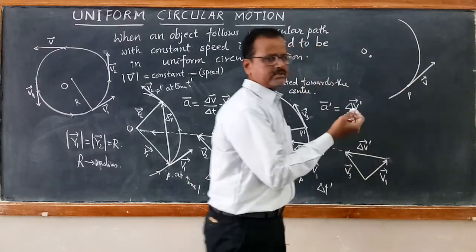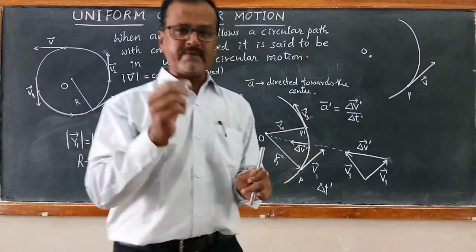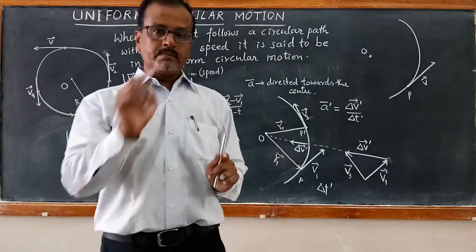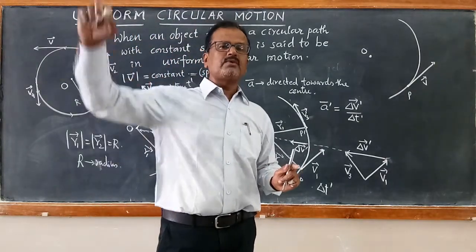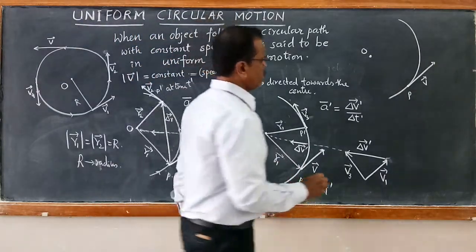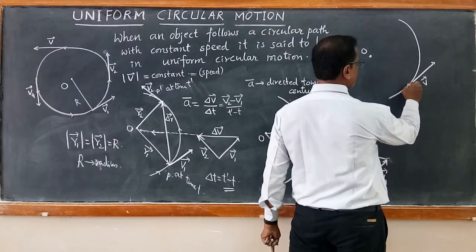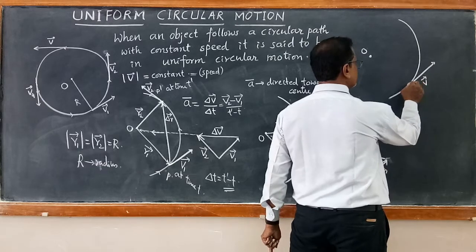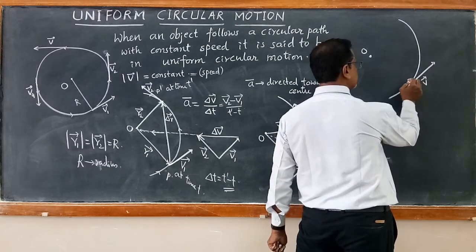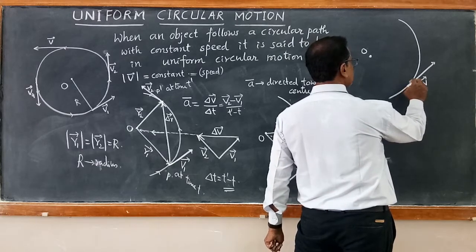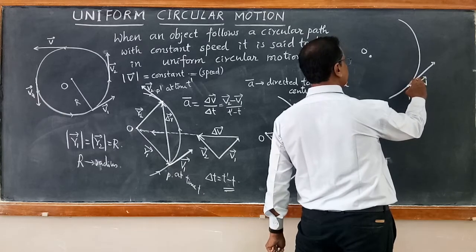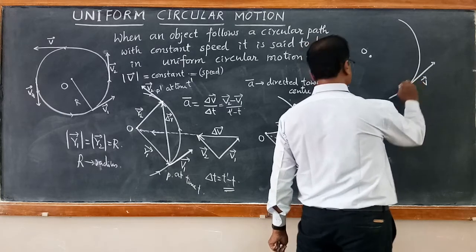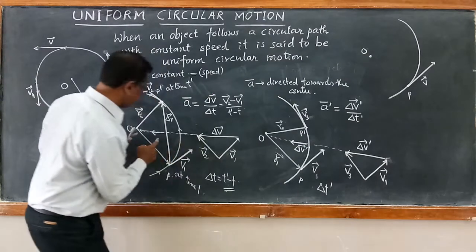I cannot draw it so close, because the time interval is now reduced to 0.000001 second. So it is displaced, definitely it has moved from one point to another point, and if you draw the changing velocity vector, it is almost a slight change here, and that v dash minus v gives you the acceleration vector, as done in previous cases.